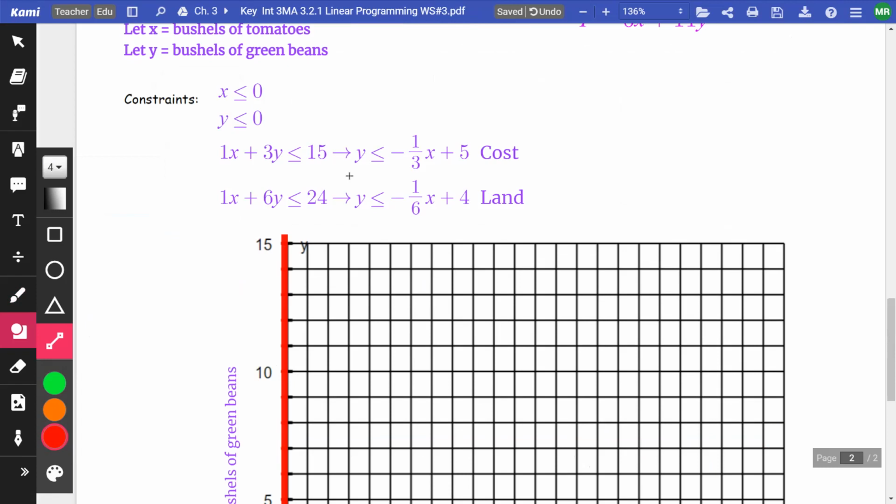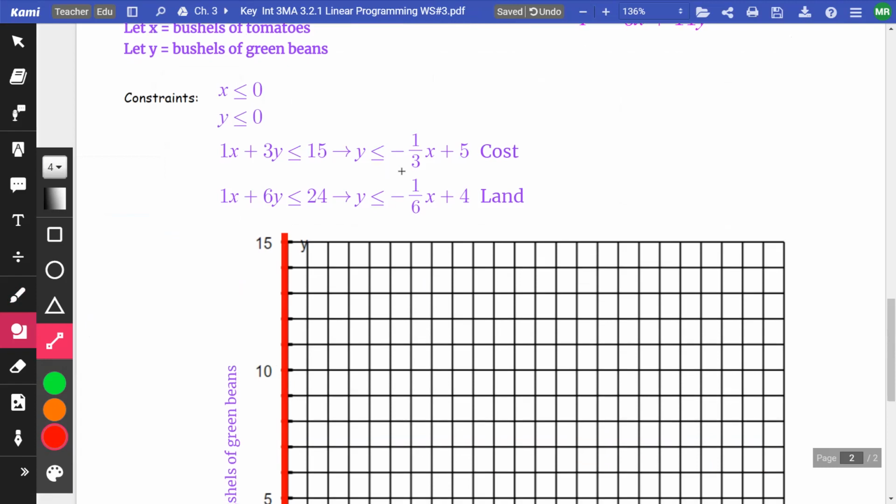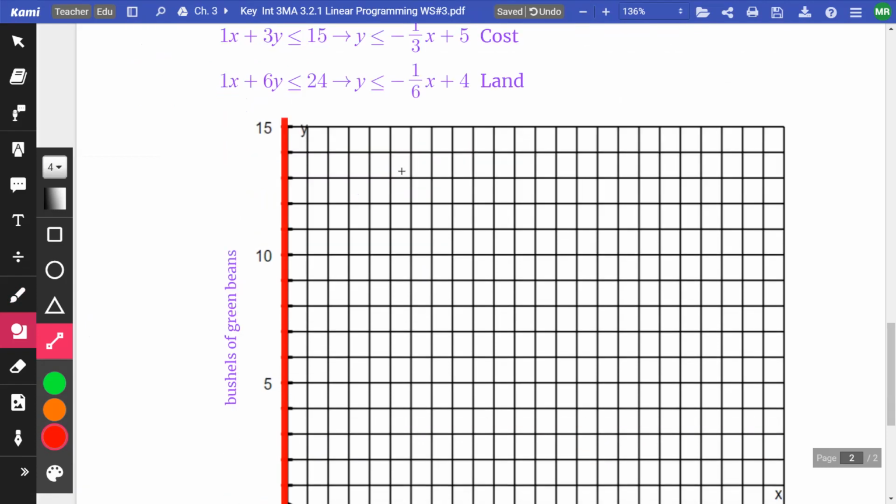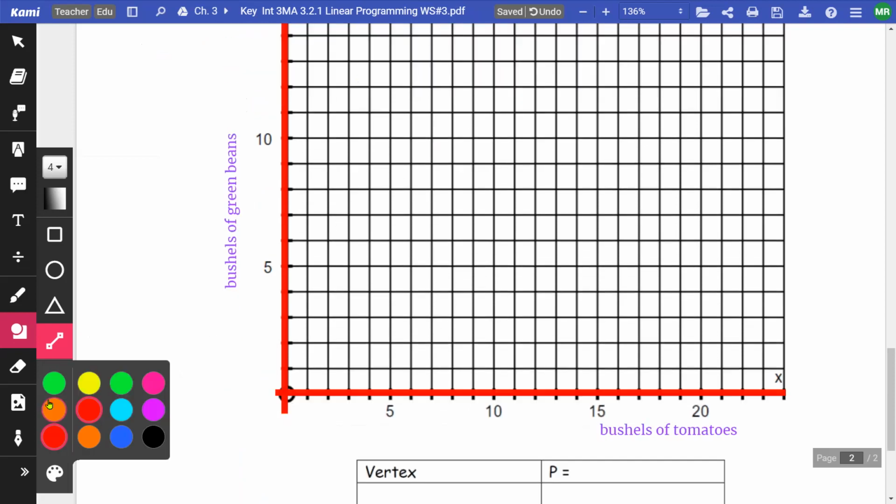Then I am going to be graphing my negative 1/3 x plus 5. Okay, so I'm going to start at 5 and go down 1/3.